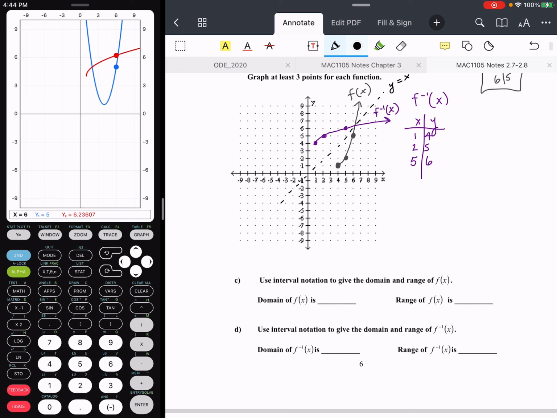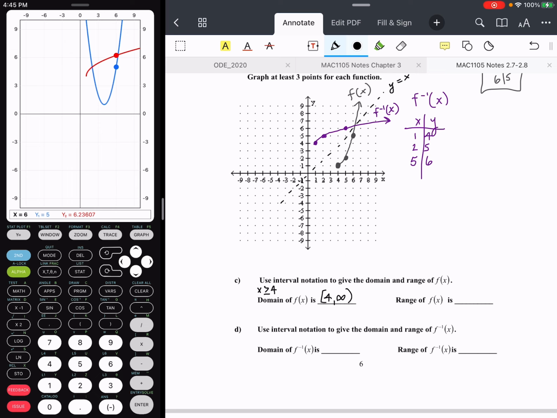All right, so going down to C and D, C says use interval notation to give the domain and range of f of x. So f of x is our original function. Remember the domain was that x is greater than or equal to 4. So translating that into interval notation, the domain is from 4 to positive infinity.